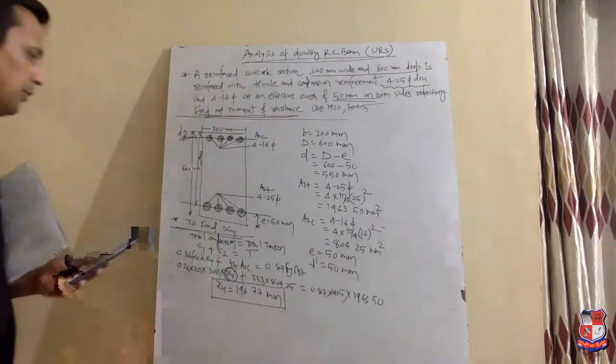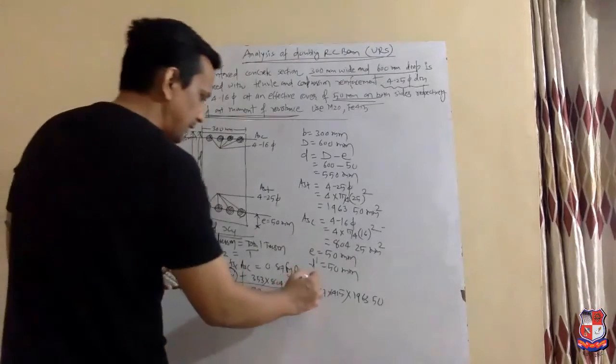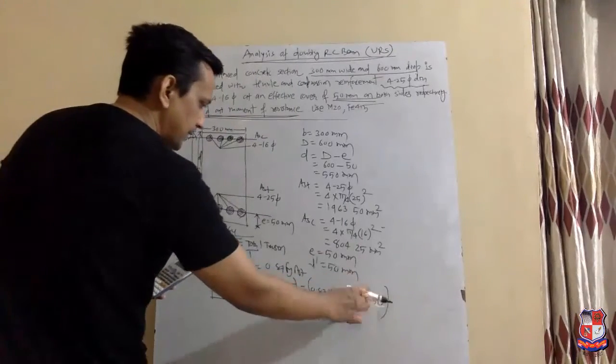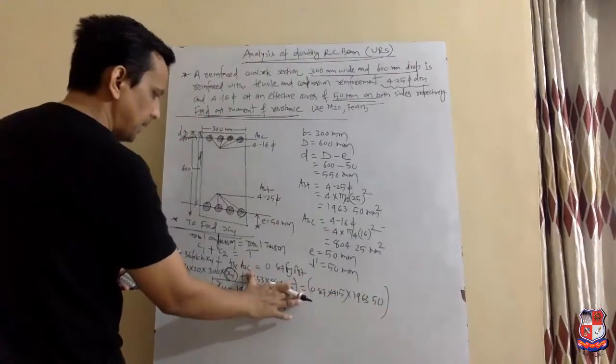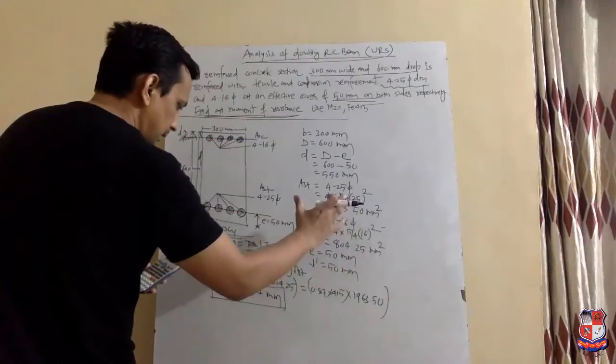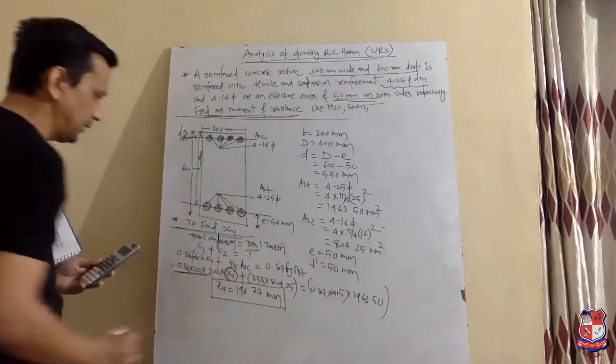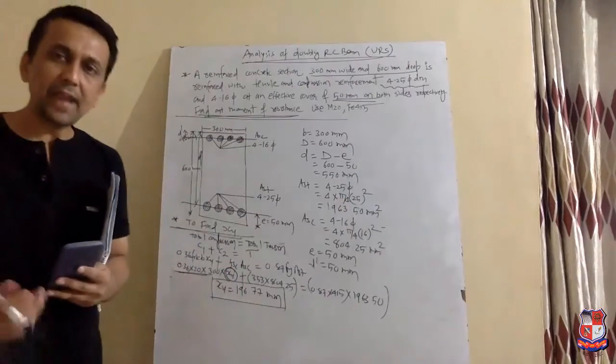Right? What you do is first calculate this, then whatever value comes, this minus this, then that value divided by this, in this way you get the value of XU.